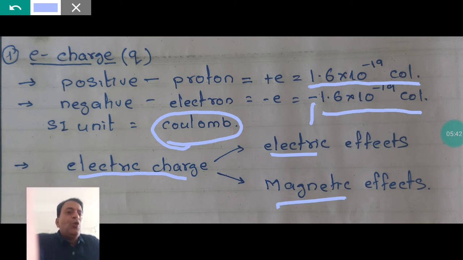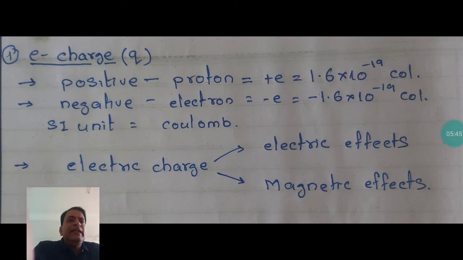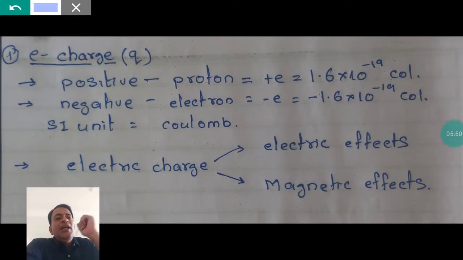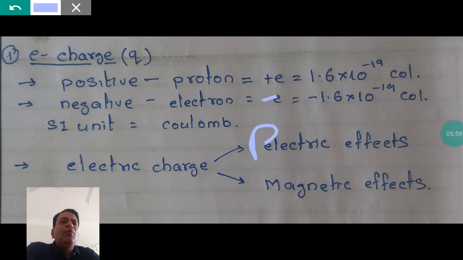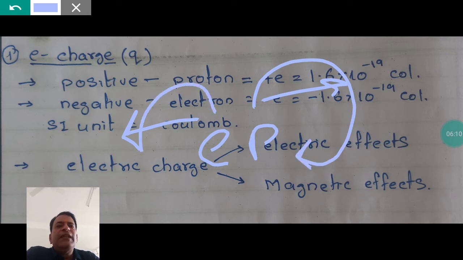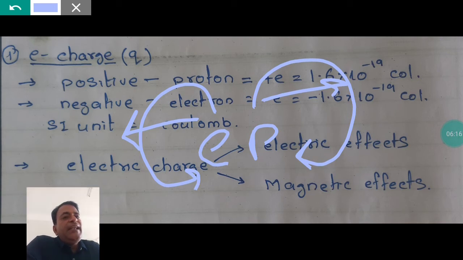If you put a proton and an electron in the same situation, in the same type of environment, and the proton moves towards one side, the electron will move towards the opposite side. If the proton starts moving in a clockwise direction, the electron will start moving in an anti-clockwise direction. What does this show? That the nature of charge on proton and on electron is mutually opposite.